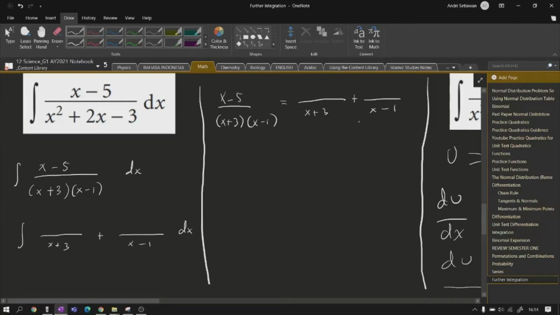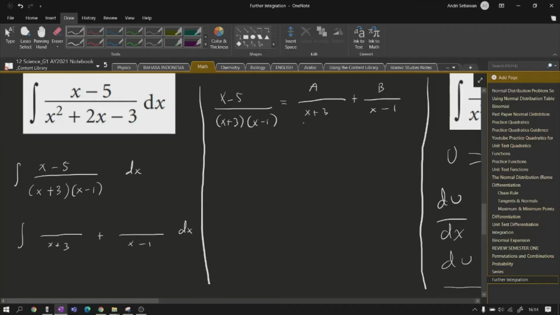If you think in reverse, if you add this fraction plus that fraction, you will get the compound or combined fraction like this. So we think in reverse for the compound fraction to become partial fractions. Okay, so we can use a and b.